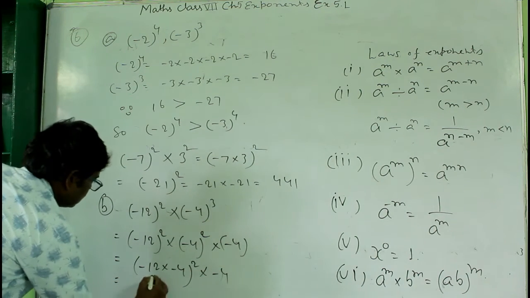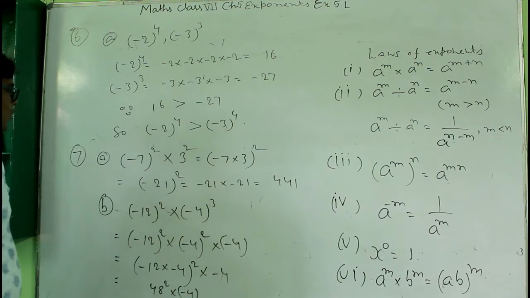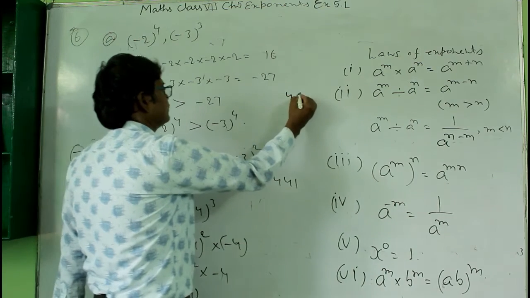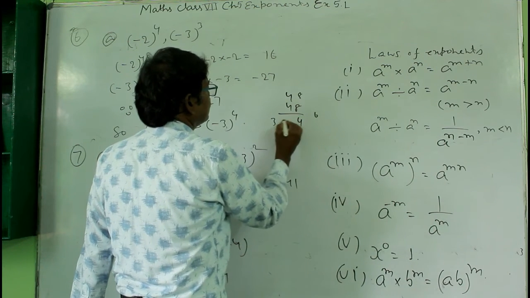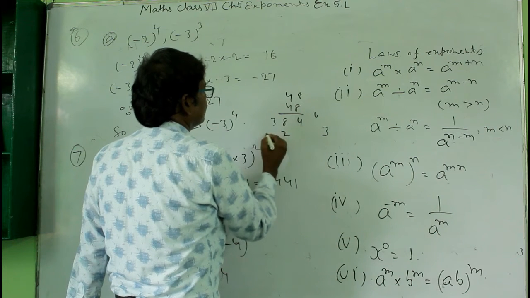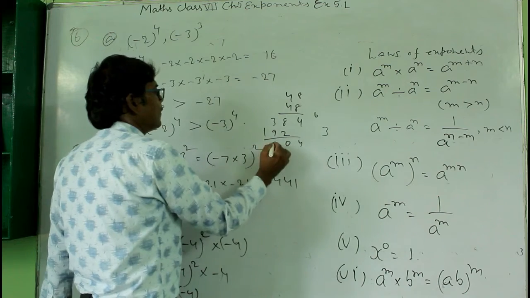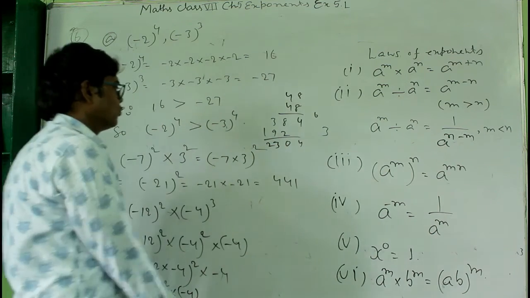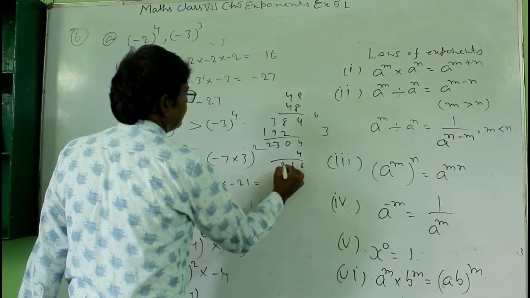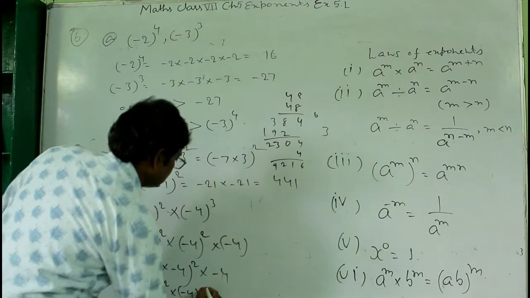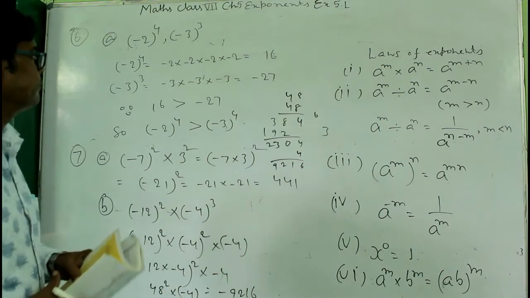Then it will be 48 square into minus 4. Now find 48 square, which is 2304, and into 4 again. The answer will be minus 9216.